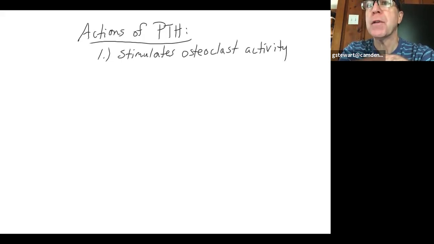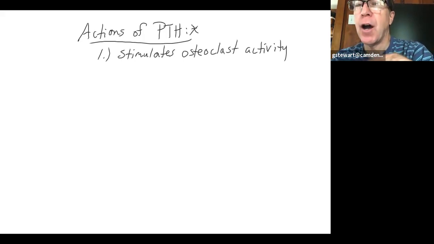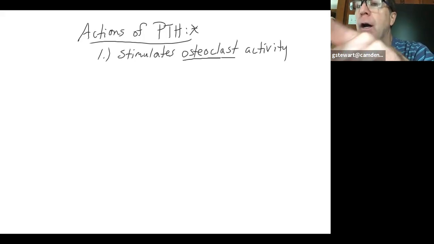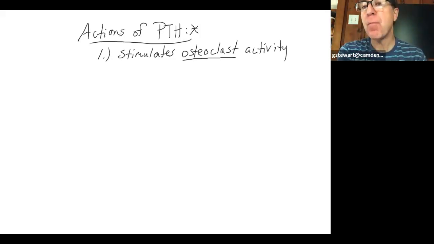What is the purpose of this hormone? It's to raise the levels of blood calcium. And so if we stimulate osteoclast activity, that unlocks stored calcium from the bone. Remember, osteoclasts dissolve bone matrix, and when that occurs, that releases calcium from the bone into the blood.